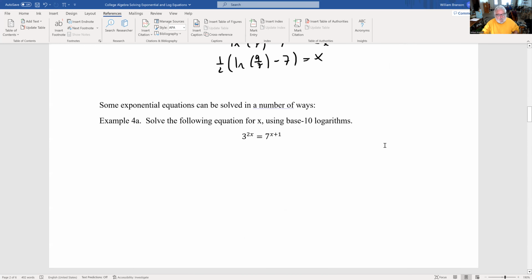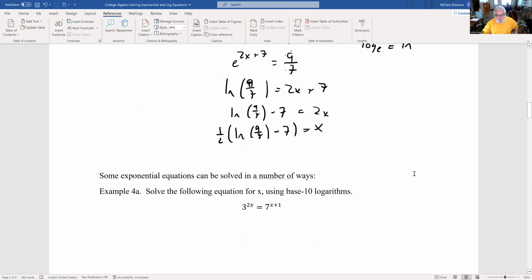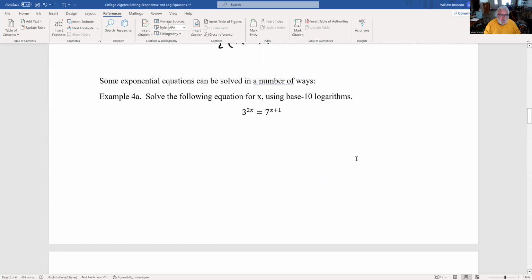Okay, and now some exponential equations can be solved in a number of ways because it doesn't really matter which base you use. So we could do this in base 10 logarithms. And this will require the power coefficient rule.